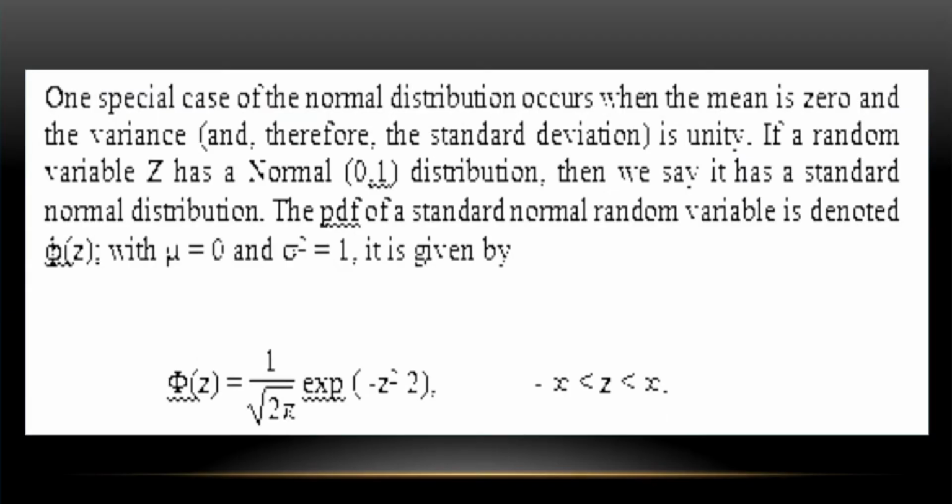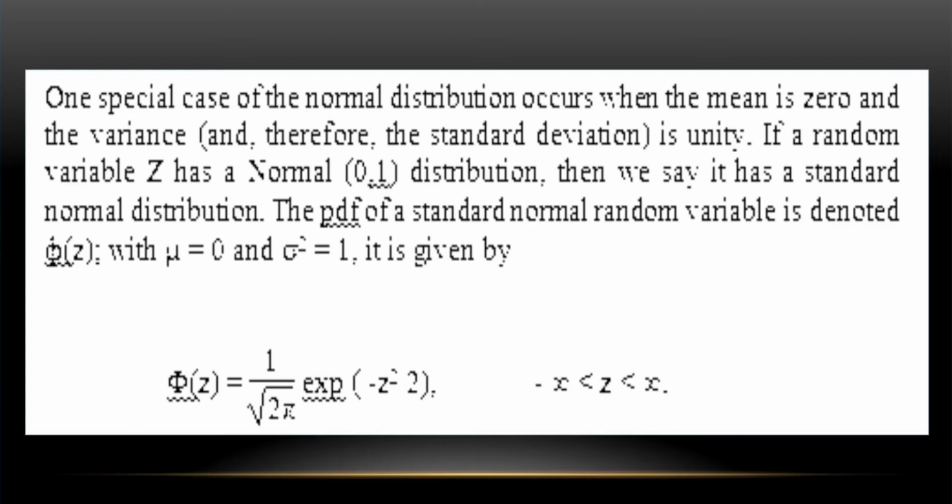Now, let us see the standard normal distribution. One special case of normal distribution occurs when the mean is 0 and the variance, consequently the standard deviation, is unity. If a random variable z has normal distribution with 0 mean and 1 standard deviation, then we say it has a standard normal distribution.